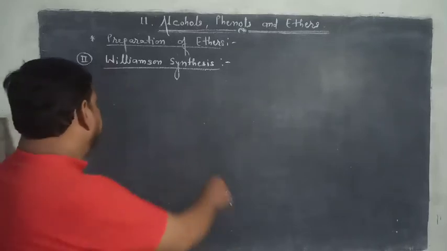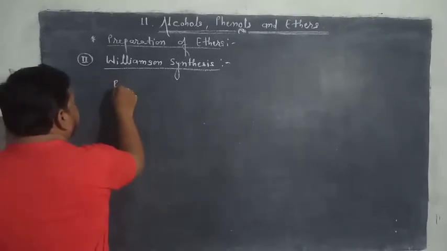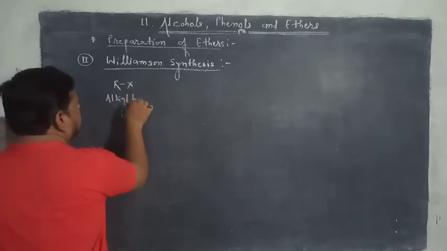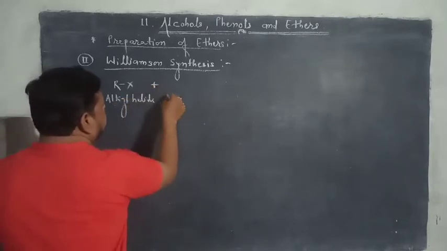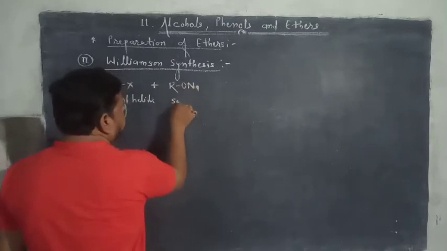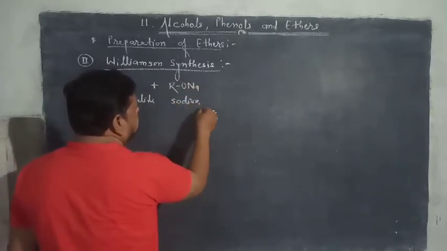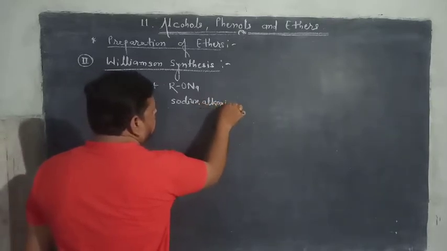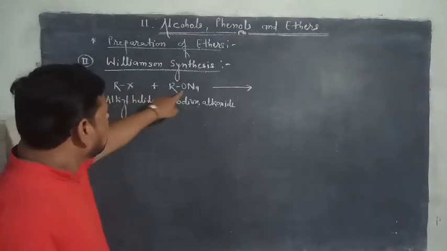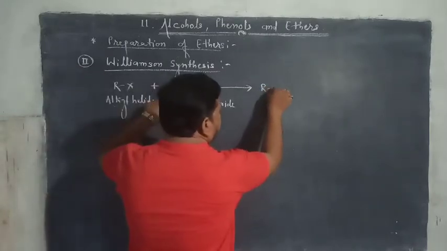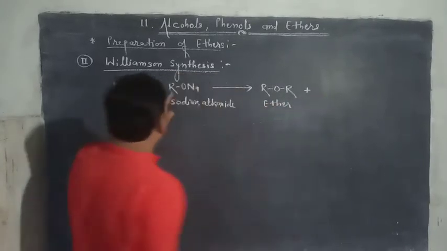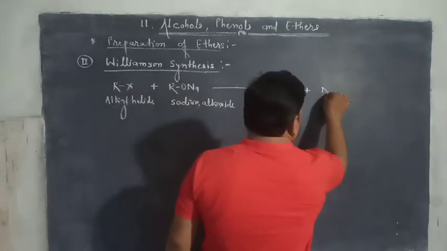In this method, when alkyl halide is treated with sodium alkoxide, then it gives ROR, that is ether, and NaX, sodium halide.